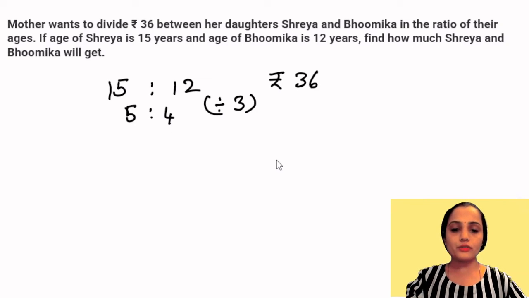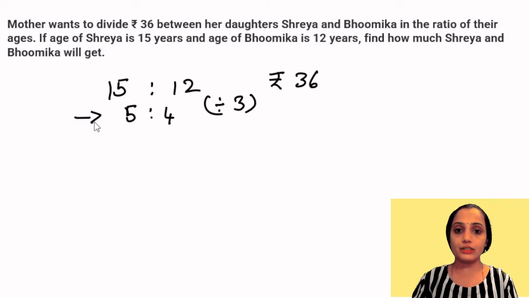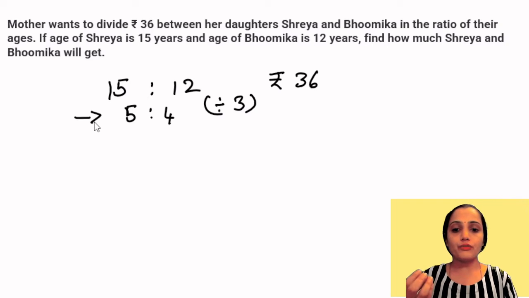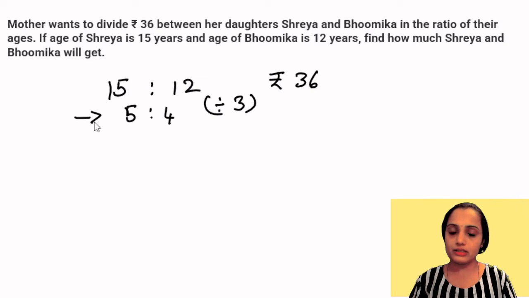There are two methods of solving the same question. I will show you both the methods. Now, if 5:4 is the ratio, we know that it is in terms of times. Shreya is going to get 5 times some number and Bhumika is going to get 4 times of some number, and the total of these two has to be 36 rupees.